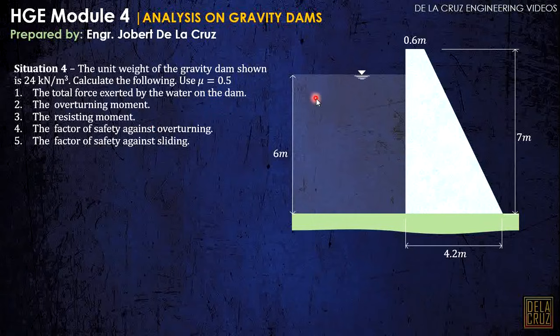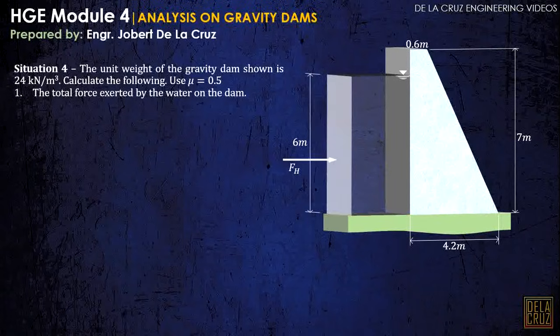So that is just the hydrostatic force, no? So if we will look this one at this isometric view, ito yan. Ito yung hydrostatic force dyan. Okay, so we can just simply use the pressure diagram or the formula of the hydrostatic force. Okay, by the way, 1 meter strip yung analyze natin. Okay, part 1.